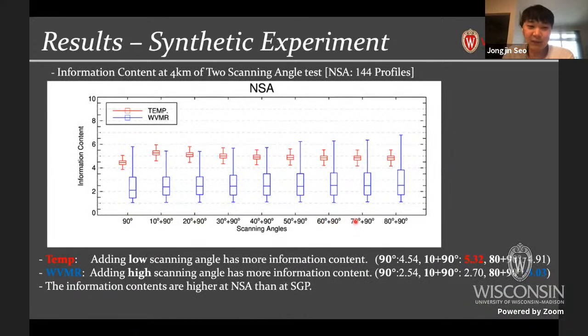This is from the NSA site. And also we can see the same characteristics of scanning angles. Adding low scanning angles have more information content, and adding high scanning angles have more information content of water vapor mixing ratio. And the information content is higher than SGP.